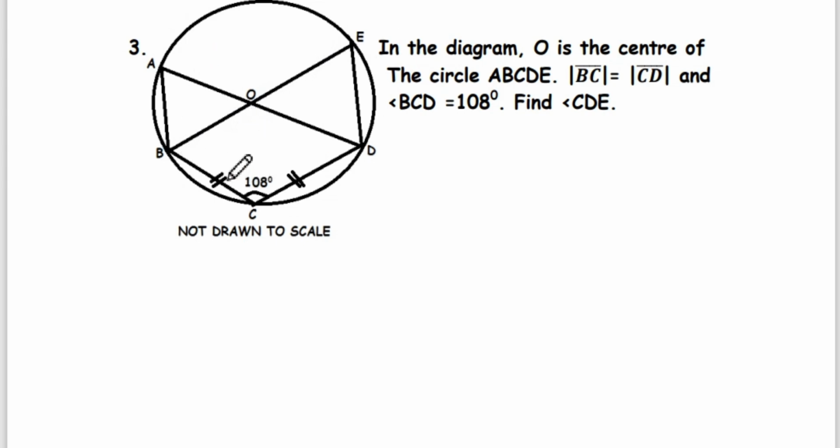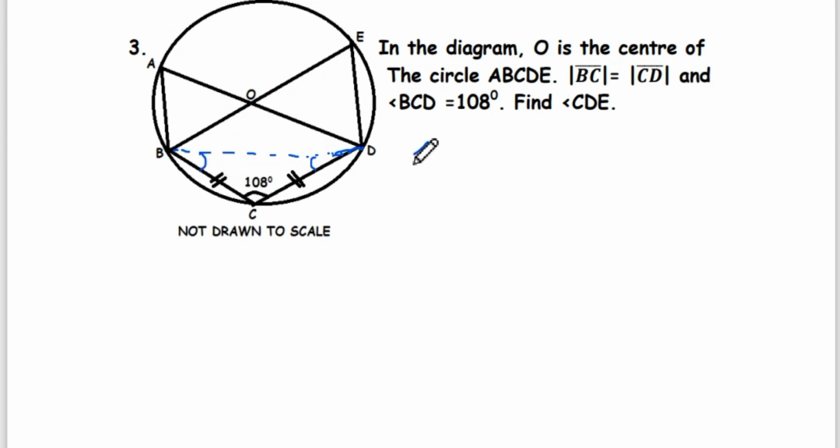Anytime you have this diagram with this mark, it means there's an isosceles triangle somewhere. So now what we do is we draw an imaginary line like that, joining this point to this point. You see now this isosceles triangle has formed. So this angle is equal to this angle.